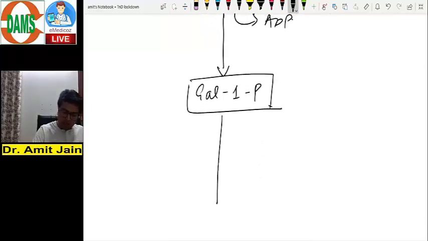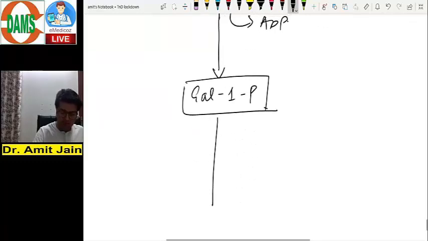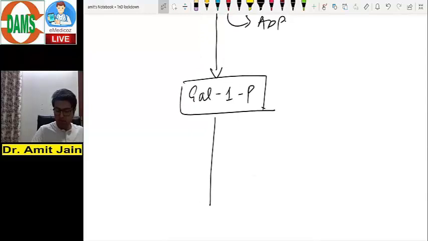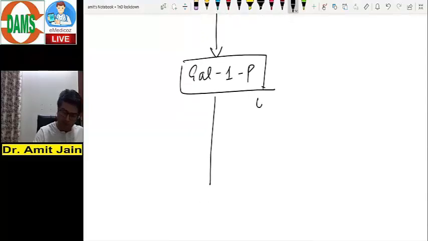Now this galactose 1-phosphate is added with the UTP. So we take the UTP, that is uridine triphosphate, right?